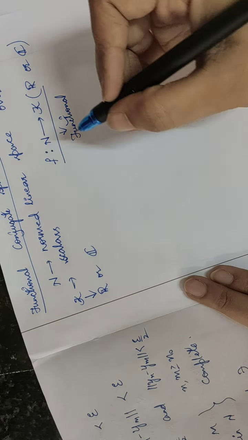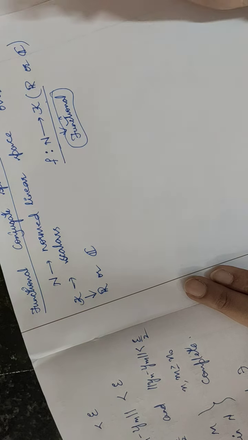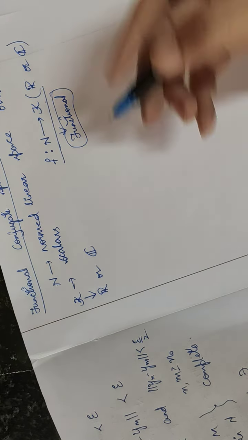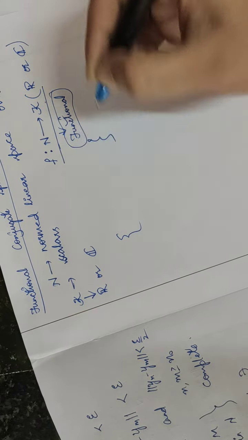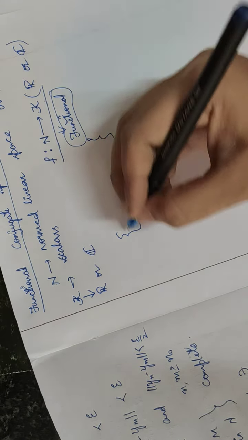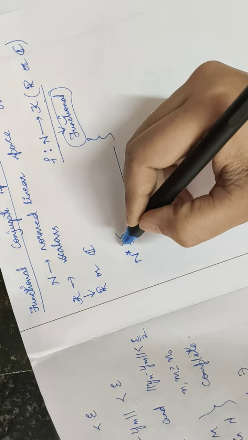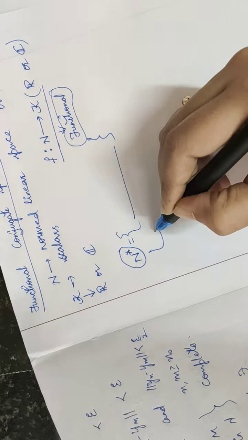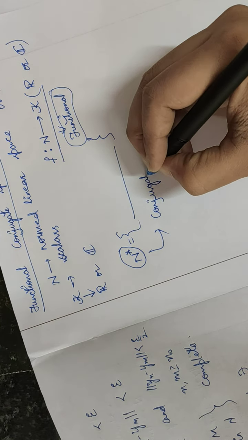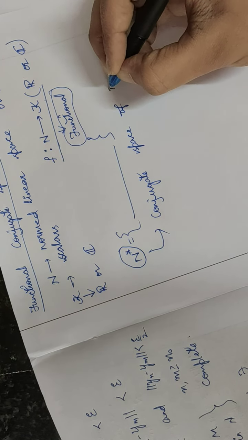Okay, so this is one functional. Similarly, if I collect all the functionals and make that one set, then I will denote that set as N star. This N star is called the conjugate space of N.